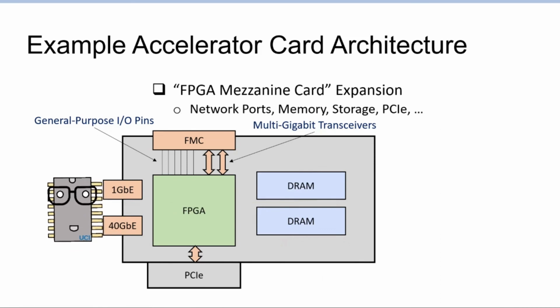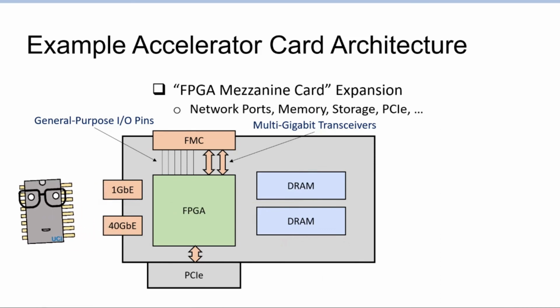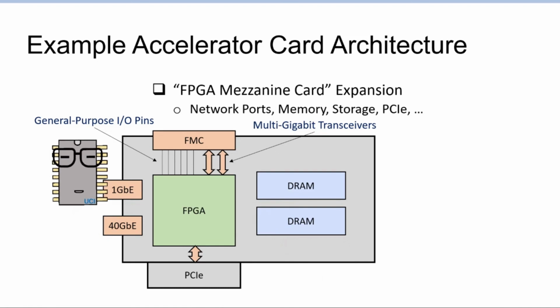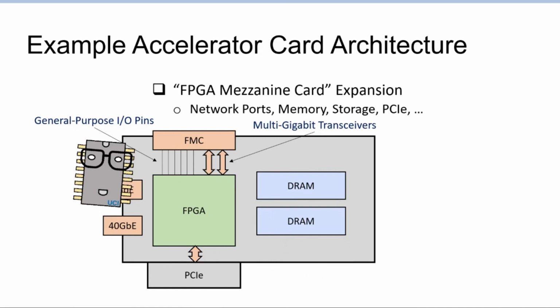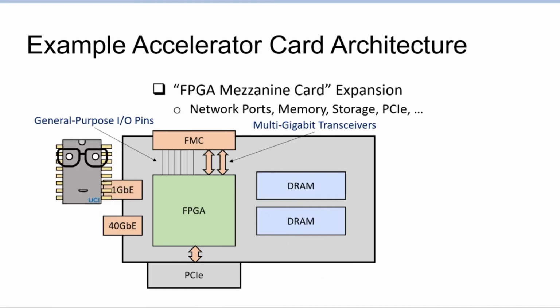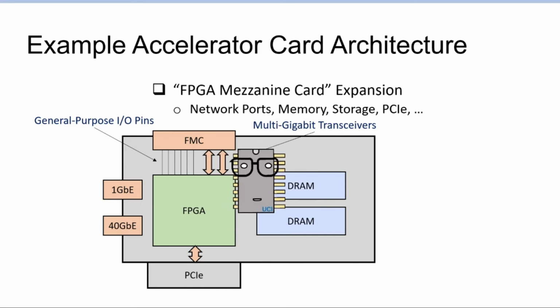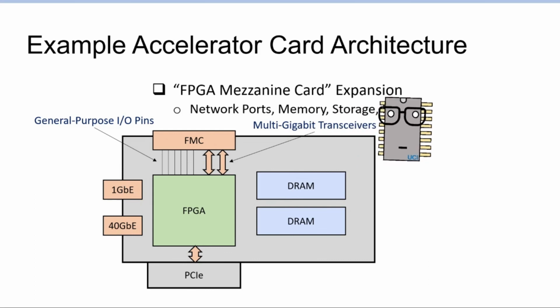You can also have things like 1 gigabit Ethernet, 40 gigabit Ethernet, 100 gigabit Ethernet, depending on the board that you buy. And if you want to connect this to your generic custom built PCBs as well, they also pin out some general purpose IO pins and multi-gigabit transceiver pins to plug in expansion cards.